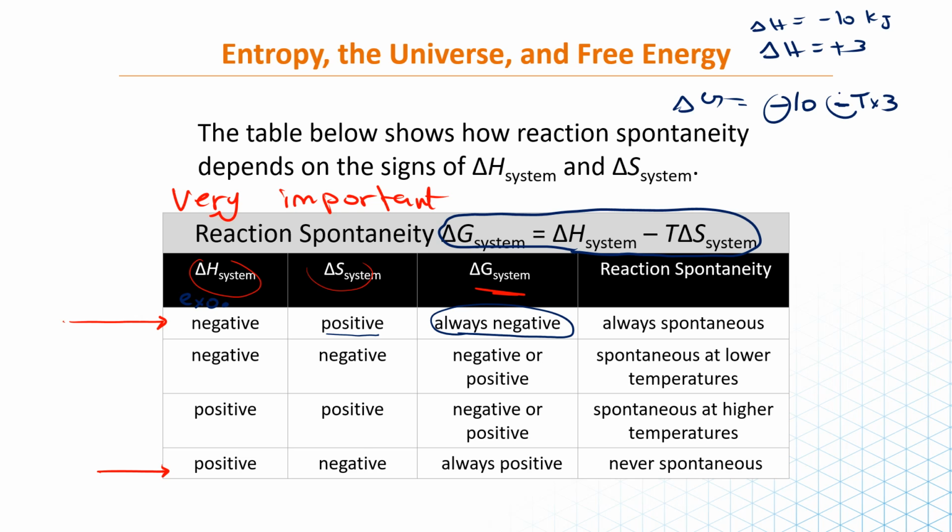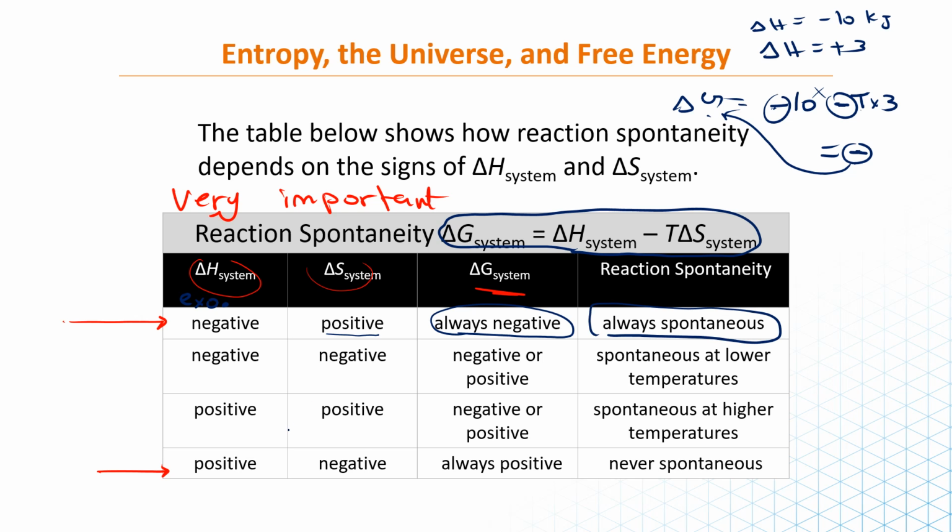So minus and minus, the answer should be in minus, because it's negative. I'm not multiplying, we are adding minus plus minus, okay? So the delta G is always going to be negative, and that's why the reaction is always going to be spontaneous.